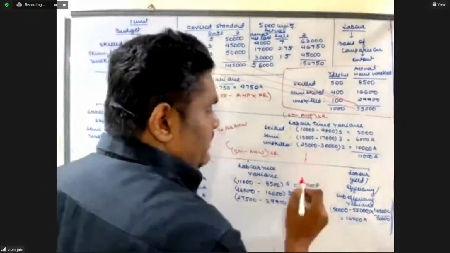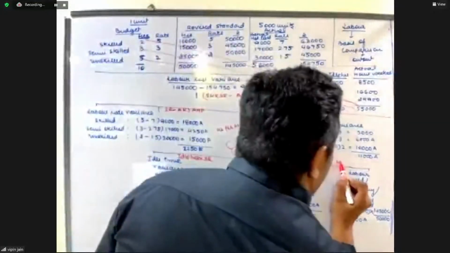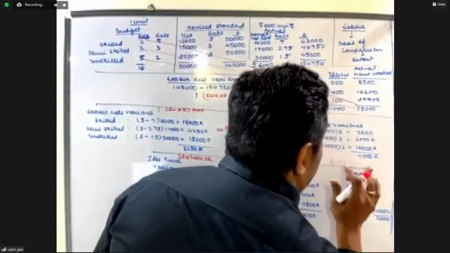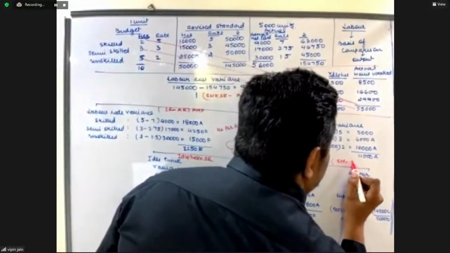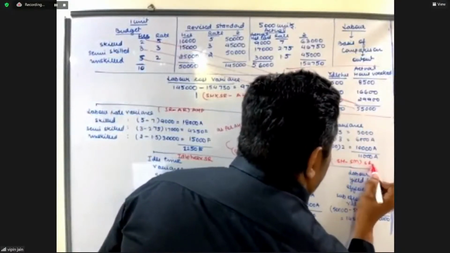When talking about yield variance, again, the standard mix as calculated, standard hours minus standard mix into standard rate.